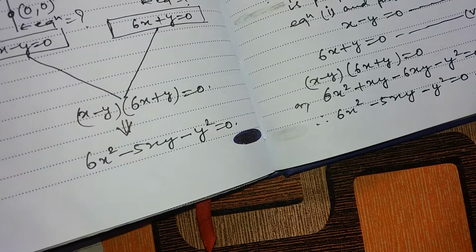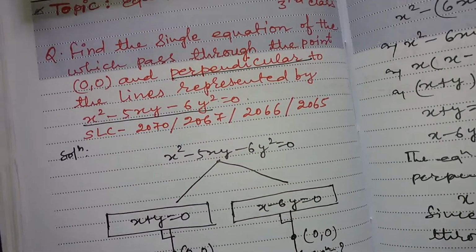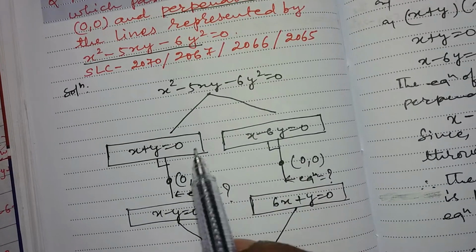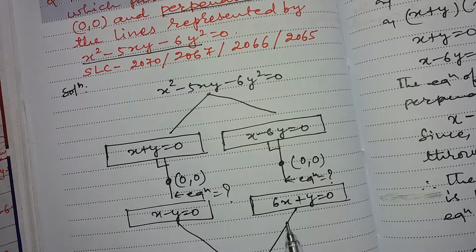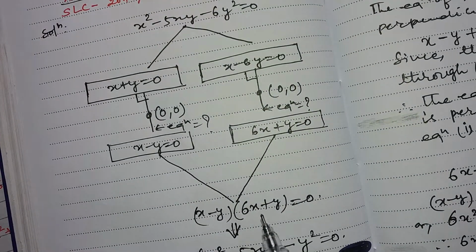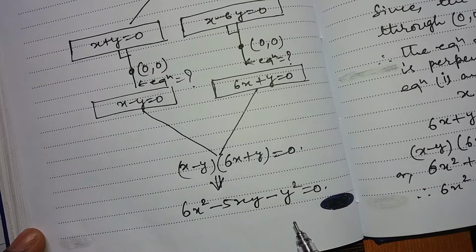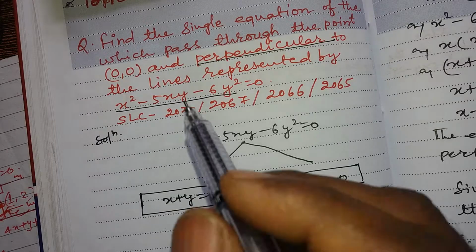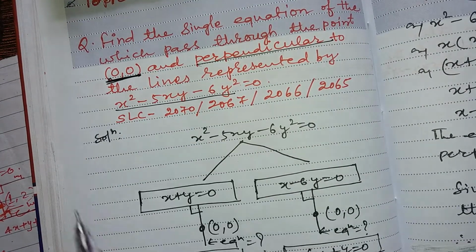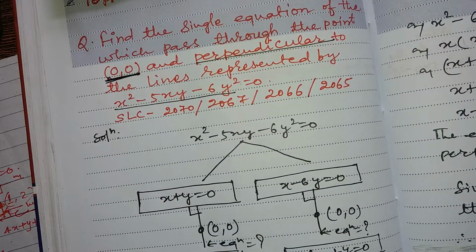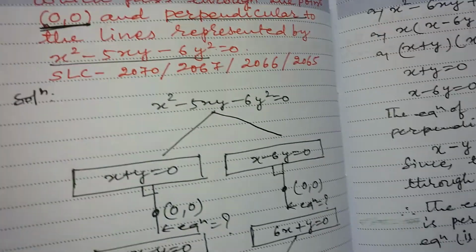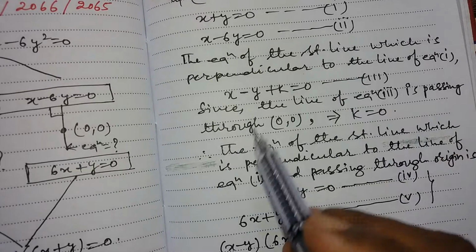Students, I have shown you the way of finding it. See one more time: the equation is given, separate equations found, perpendicular equations found, after that we multiplied, and we got the single equation. This is the process. Here the point given is 0, 0. In the place of 0, 0, other points may be given also, but the process is the same.